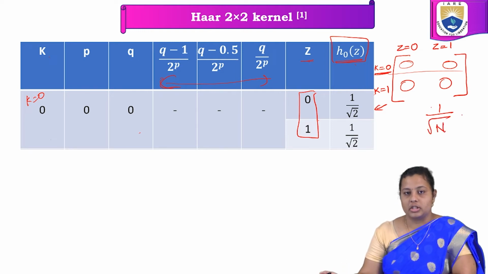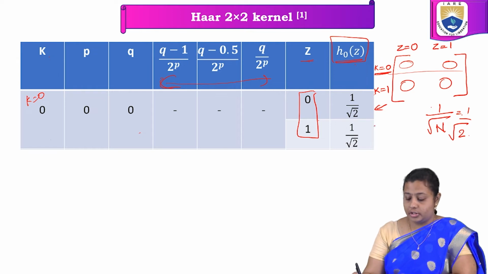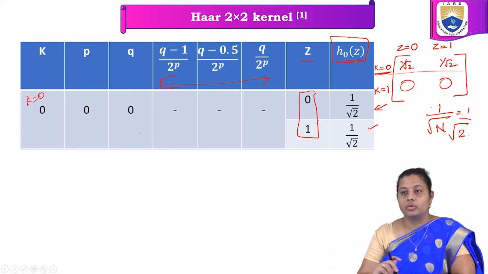That we have discussed in our previous slide. So capital N here, when we are trying to calculate for 2 cross 2, is 2, so it is 1 by square root of 2, right? So now we have got this for the first row. So let me replace here. We got it as 1 by square root of 2, 1 by square root of 2, right?